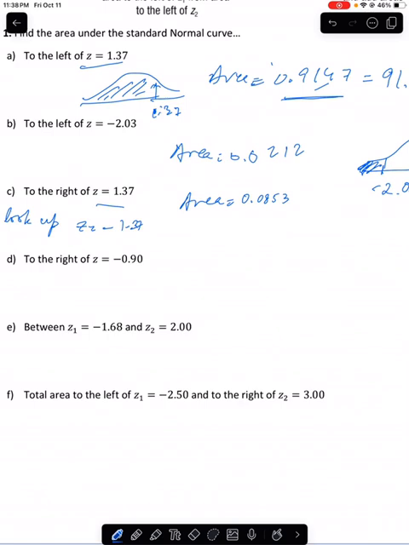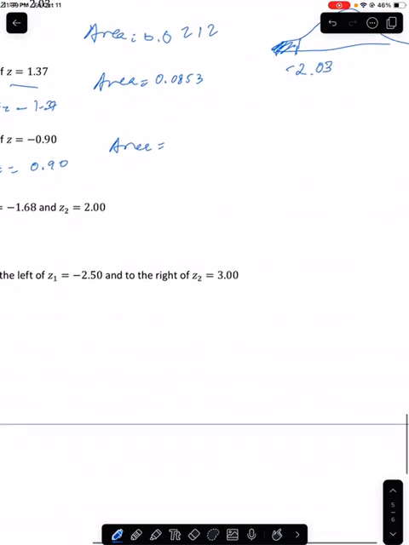So what will we do? I hope you guys got it. Look up Z is equal to 0.90, which gives us area equals 0.8159.